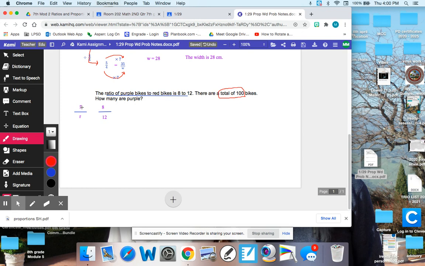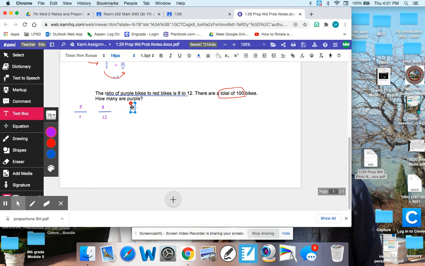That means we have to combine the total number of bikes that we have. So that's 8 purple and 12 red. So it would be 8 plus 12 equals 20 total bikes.